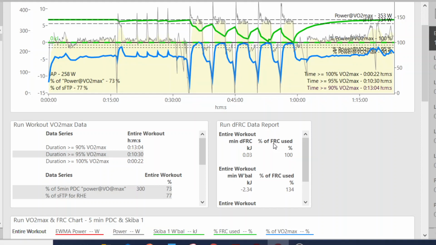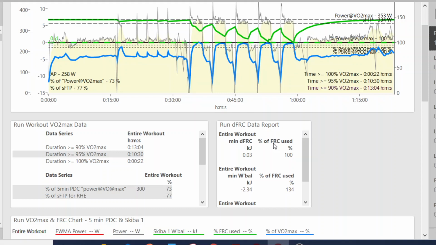These are all terms being applied to the same concept, and that is W prime, FRC, in Exert it's high intensity energy, HIE, and my preferred term or acronym is reserve work capacity, RWC. They all are referring to a similar concept.